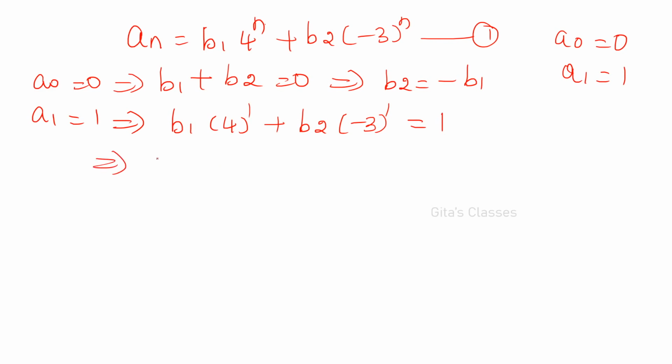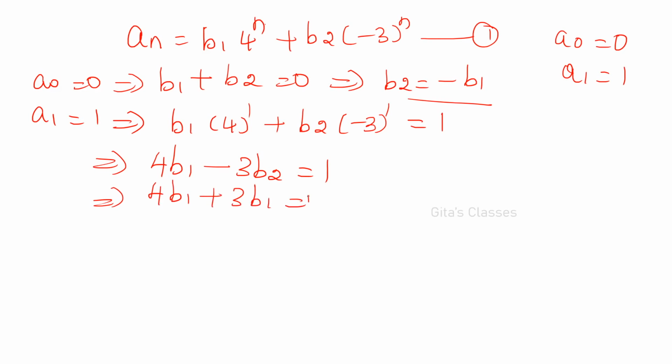That is 4b1 minus 3b2 is equal to 1. Now substitute b2 equal to minus b1 here, implies 4b1 plus 3b1 is equal to 1, implies 7b1 is equal to 1, implies b1 is equal to 1 by 7. Because b1 is 1 by 7, b2 is equal to minus 1 by 7.